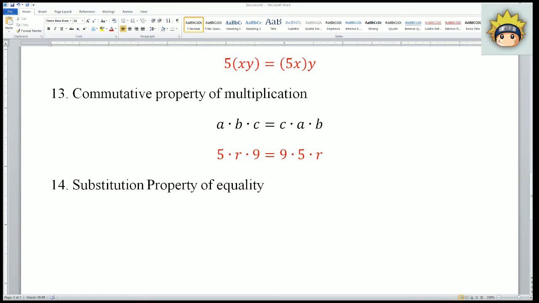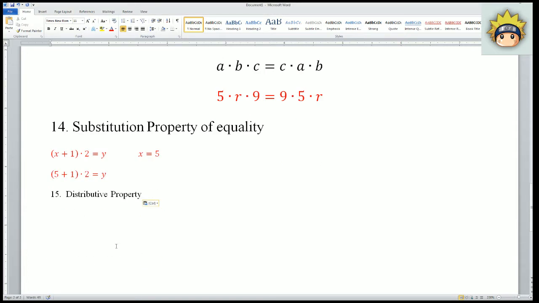Let's say I start with this: x plus 1 times 2 equals y, and I say x equals 5. For it to be substitution, I have to plug in 5 into x, so it should look like this. Because I replace the x with a 5. That verb of replace meets the substitution property. Good?